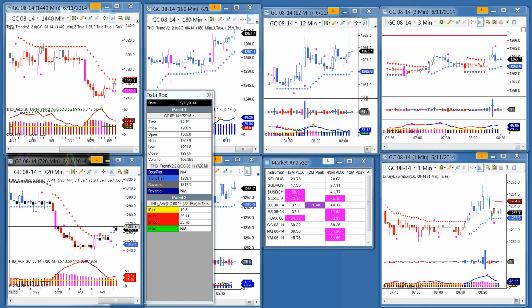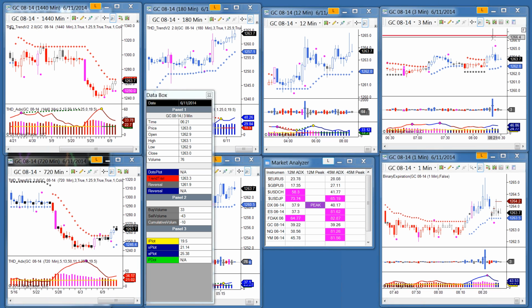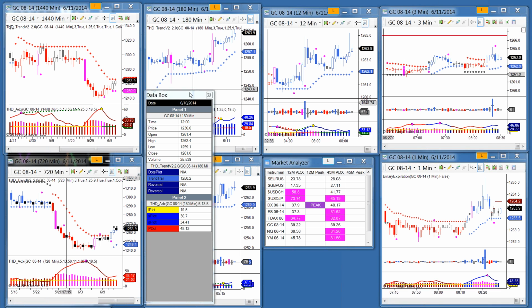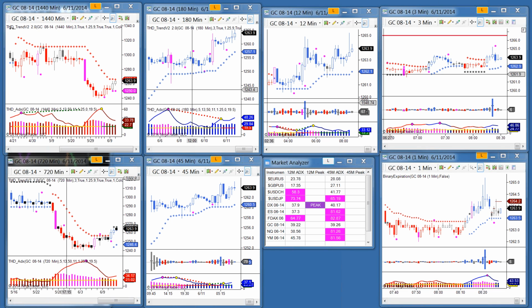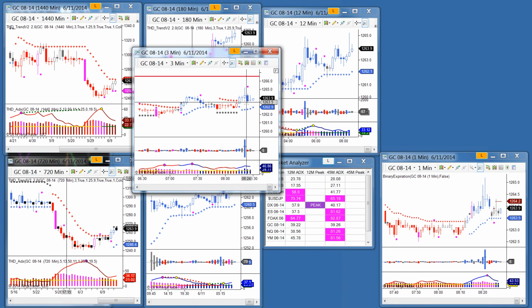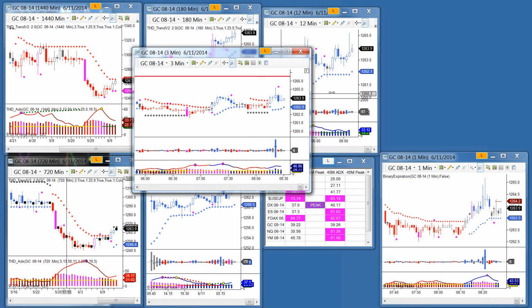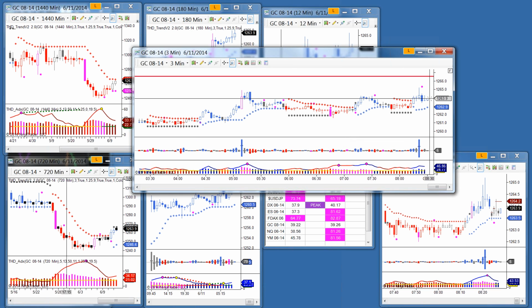Wait for a test of what? Of this line up here? Generally, what will happen is if they're going to break it, they will come up here and break through, and then they will come back and retest that line.